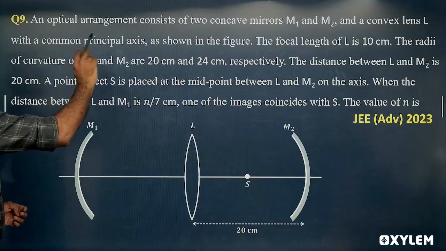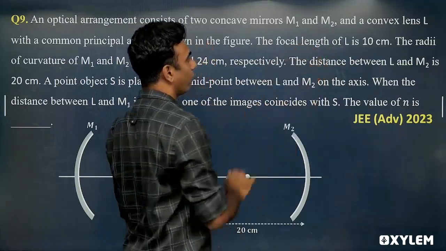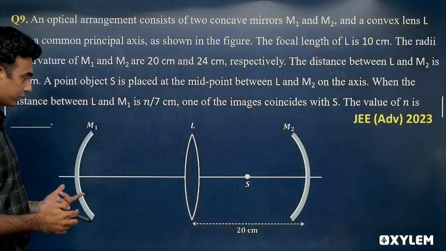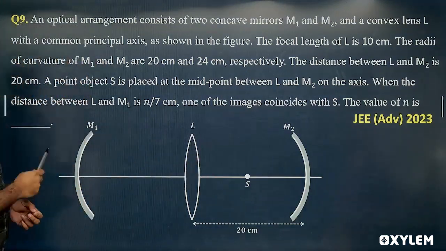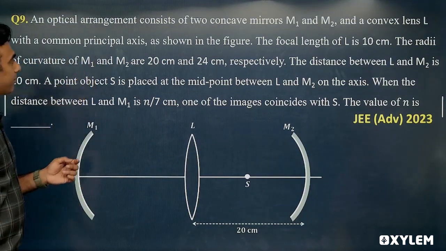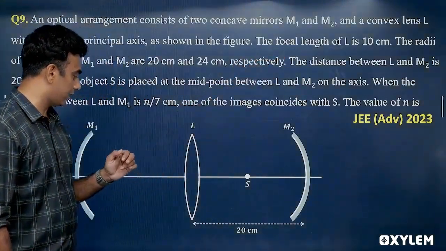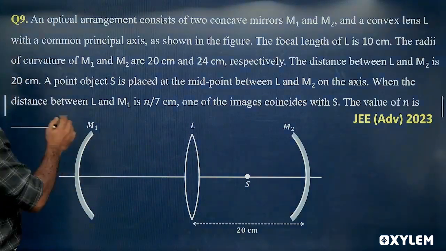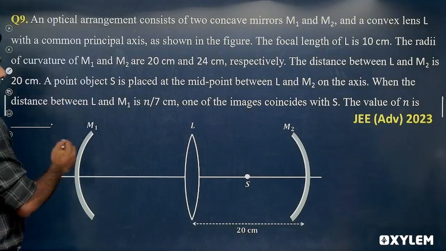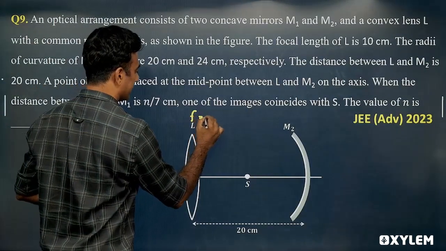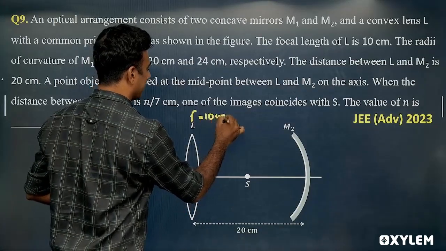An optical arrangement consists of two concave mirrors M1 and M2 and a convex lens L, as shown in the figure. See, this is the convex lens and M1, M2 are the two concave mirrors, with a common principal axis as shown in the figure. The focal length of L is 10 centimeter.